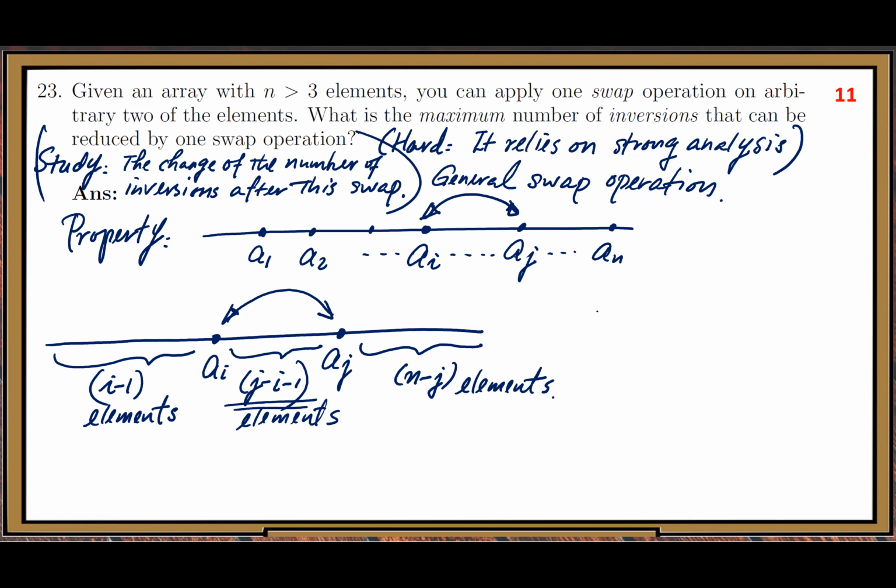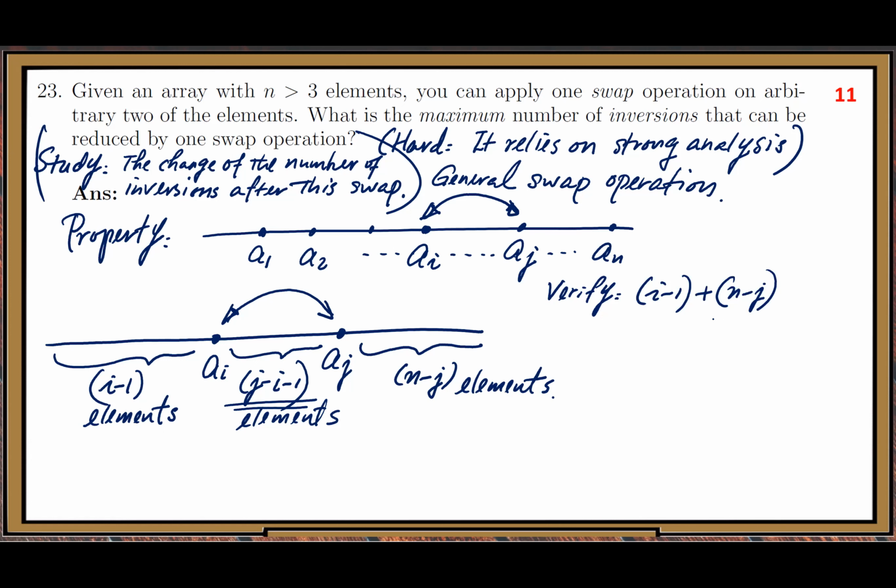If you are not convinced, let us verify it a little bit. We add these numbers. The first segment we know is correct, because it's easy. The last segment, n minus j, is also correct.